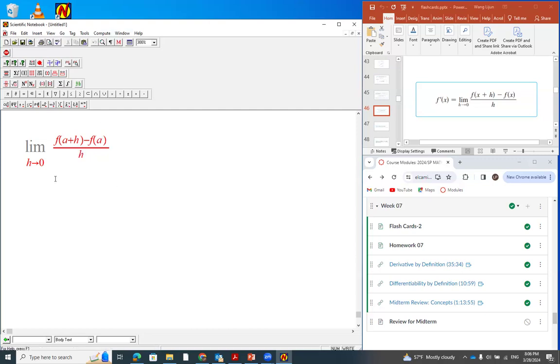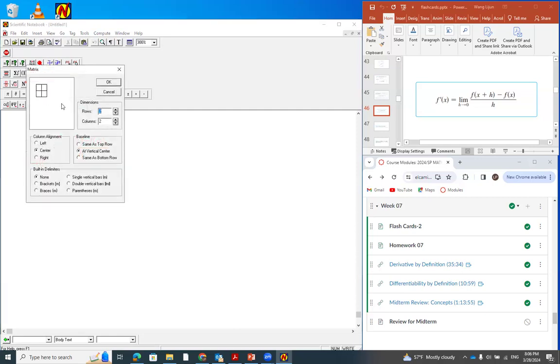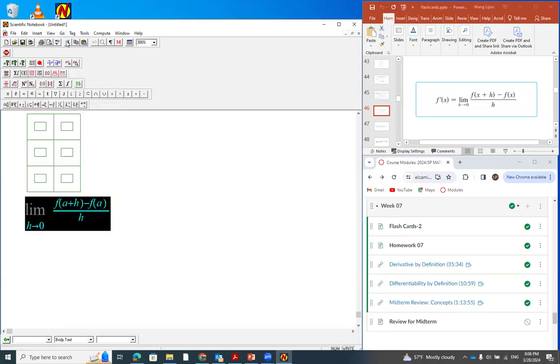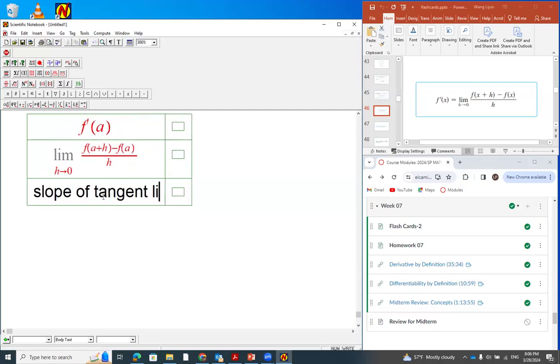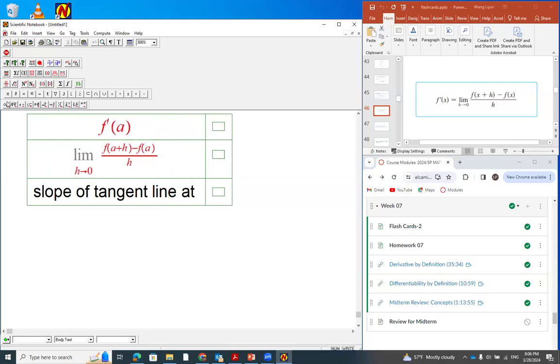And the other definition, I'm going to make a table with one more row. This definition is, of course, if this limit exists, to find the derivative of a function at a specific point. So it's also the slope. This case is the slope. It is also the slope of a tangent line at a point.